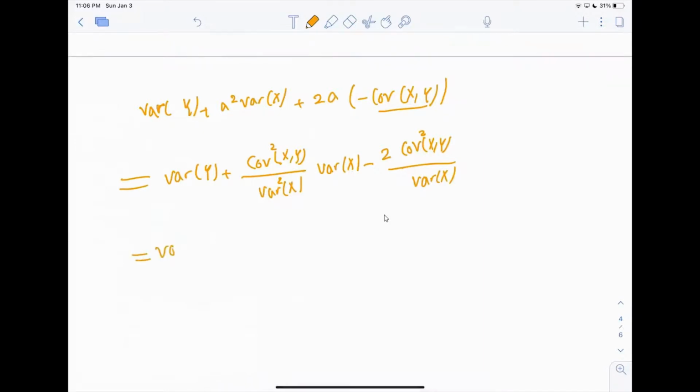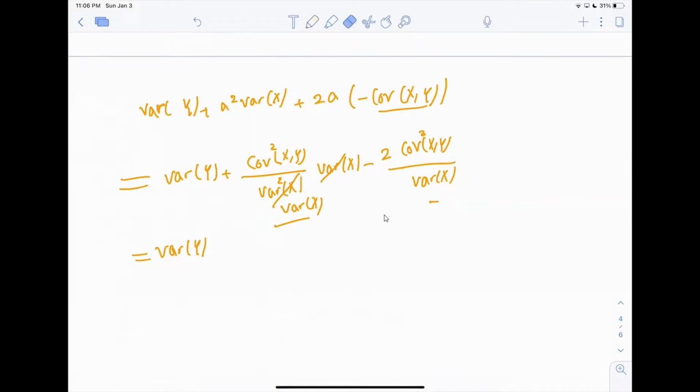So this is gonna be variance of y plus. So this one and this one will cancel out. We will have one variance of x. Look at these two terms, this one and this one. If you subtract them, we will have only negative covariance square of x and y.